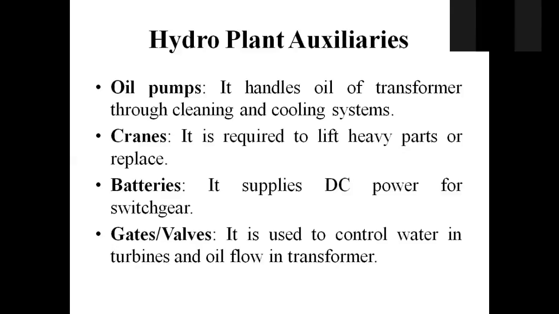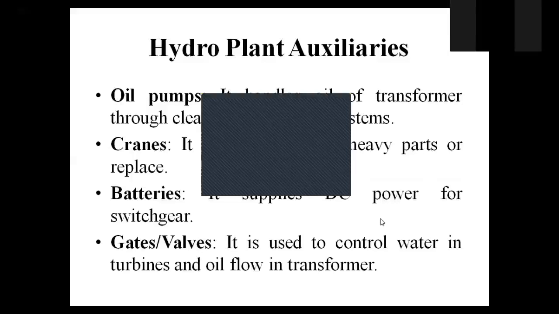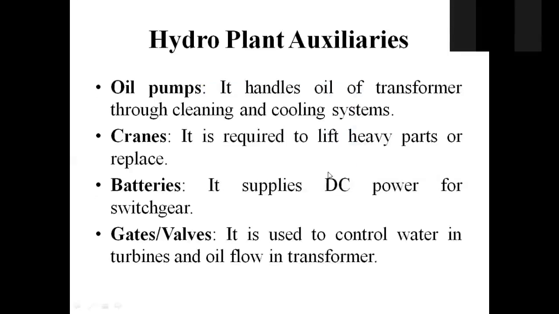So this DC supply is given by a set of batteries. Next, we have gates and valves. As we know that water and oil are used for cooling purposes, water for the turbine and oil for the transformer, we need to have some gates and valves to control water and oil flow.